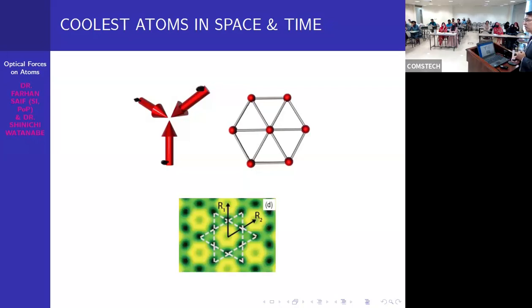For example, in an experimental setup, it is possible to see a hexagon. It's named the Kagome lattice, and then we can make different kinds of use of this.